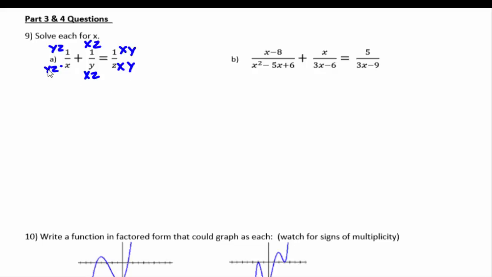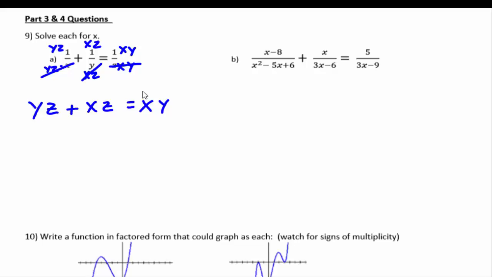All right, so now we have x, y, z in all the denominators. So I can cancel out the common denominators. That leaves me with y, z plus x, z equals x, y.